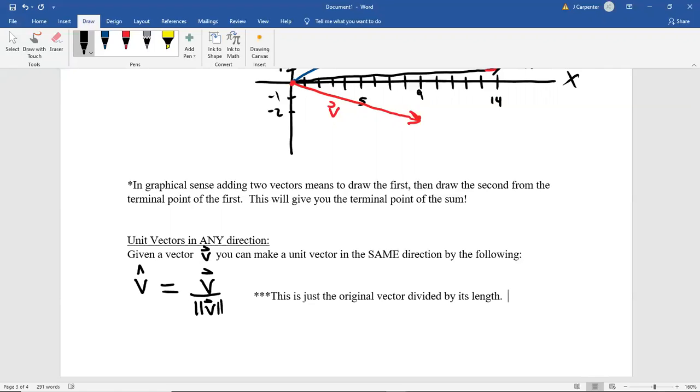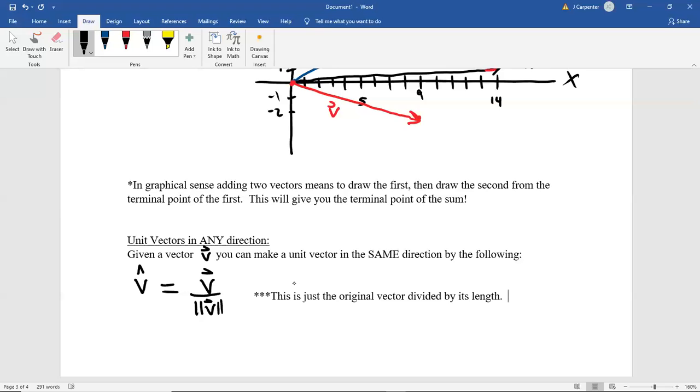Let's say you had a vector of length 5. If you divide it by its length of 5, you get 1. Let's say you had a vector of length 27. If you divide it by its length, you get 1. Now, I'm not telling you the components of them. The components can be whatever, but if you divide their components by the length, when you actually go and check the math if you wanted to, you would come up with something that has a magnitude or a length of 1, and we will show that by example.